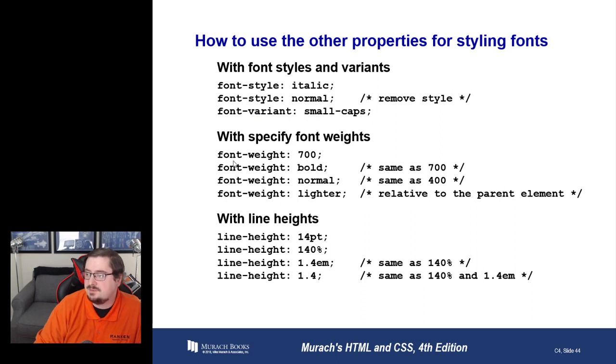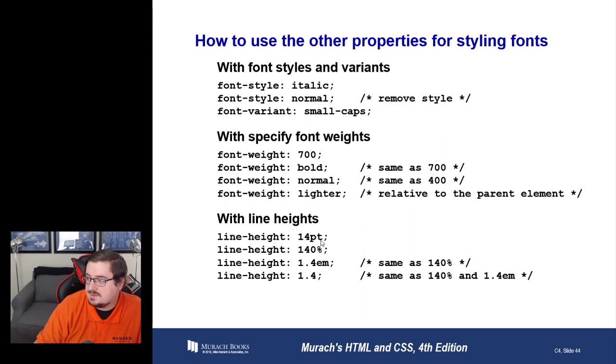If I want to specify weights, I can do it with a number, like 700, or I could say bold or normal. As I said, bold is 700, so that's mostly bold. You remember, it can go all the way up to 900, so it can be a little bit bolder than that. And then 400 would be your normal, so you could step that down to 300, 200, 100 if you wanted the text to be a little bit lighter.